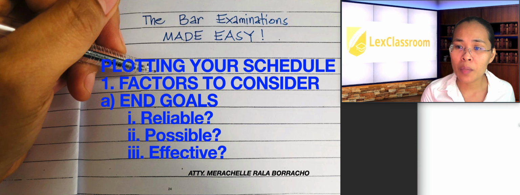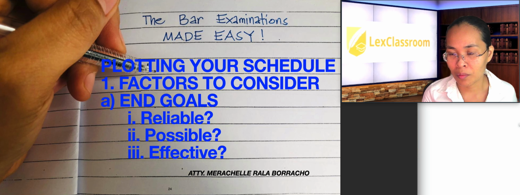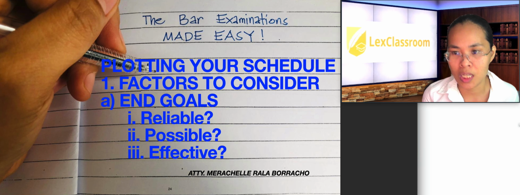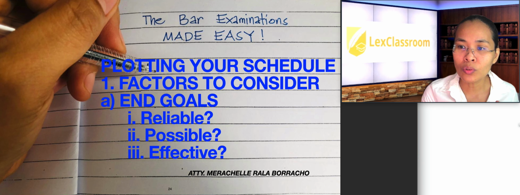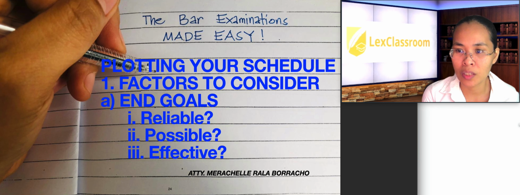Is it really possible? Are you setting your goals that would make it possible for you to execute? There are students who would say, I will read 300 pages in a day. And it's like a very long shot. And if you don't reach your goal, then you get frustrated or disappointed of yourself and you feel really bad and you start beating yourself up.